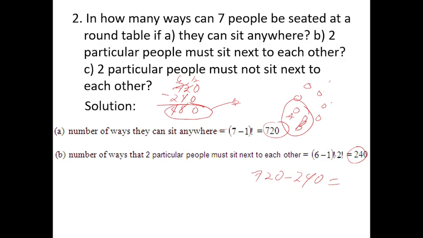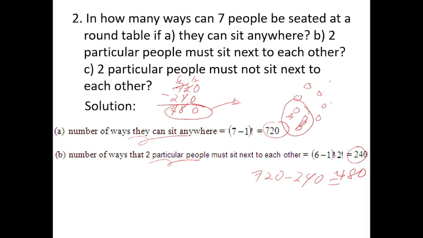So, there are 480 arrangements all in all. I hope you get it, no? So, two particular people must not sit next to each other. Dito, no restriction. They can sit anywhere. Dito, there's a restriction that two particular people must sit next to each other. So, that is 240.